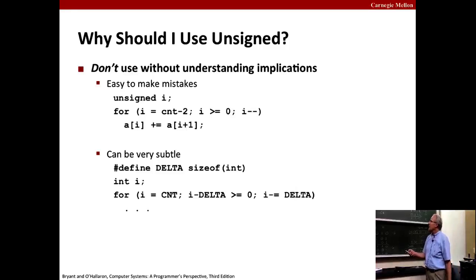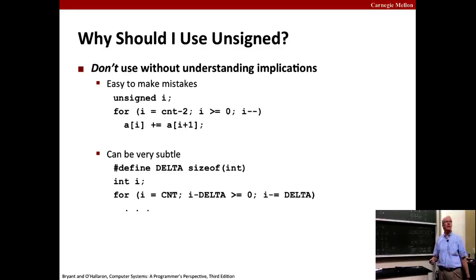But C, as I mentioned, does this implicit casting. And so as we saw last time, what happens with this program when you run it, to count down through an array? Do you remember? Well, if it's unsigned, what will happen with this test? It always succeeds.